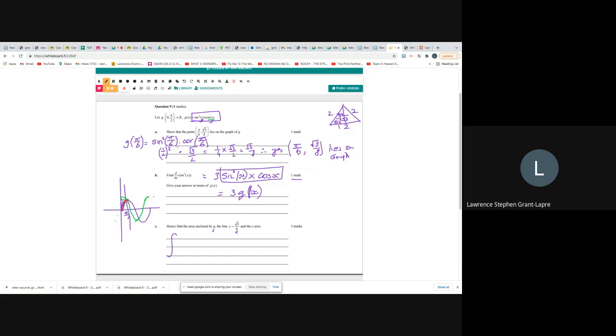Okay, it's going to be very similar. And we want that between 0 and root 3 over 8, enclosed by the line and the y-axis.